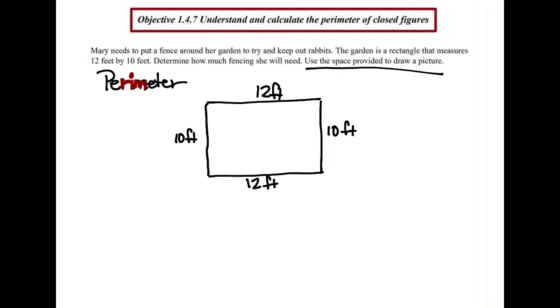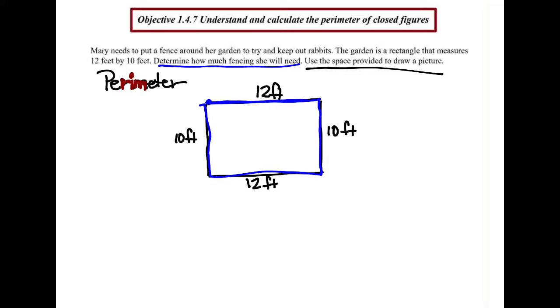Now it says determine how much fencing she will need. So let's figure it out. If the fencing starts right here and it goes down this side, and this side, and then back to where you started, can you see how you're going to have to add that up, right?